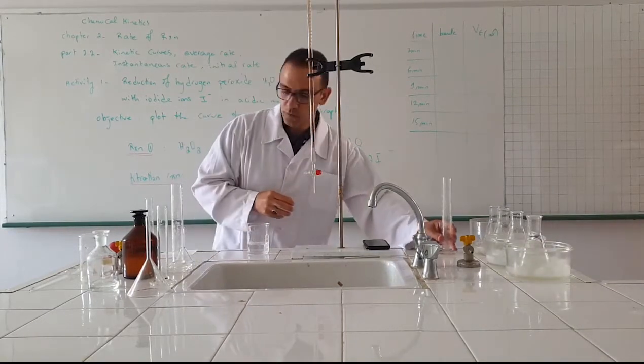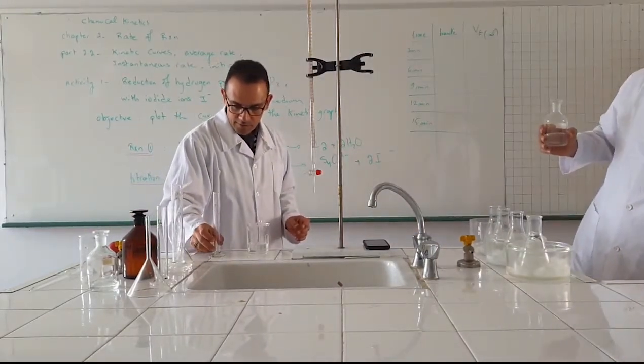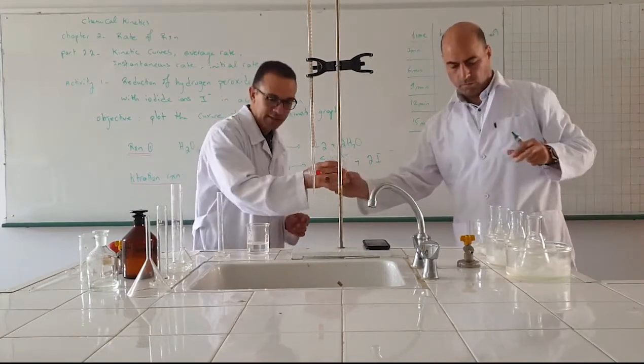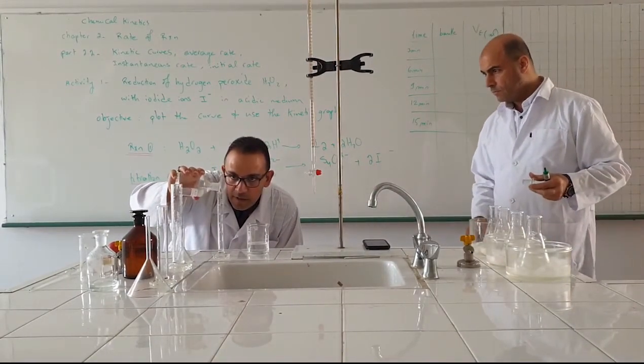Then we need sulfuric acid, 15 milliliters of sulfuric acid. Also, it is measured by means of a graduated cylinder.